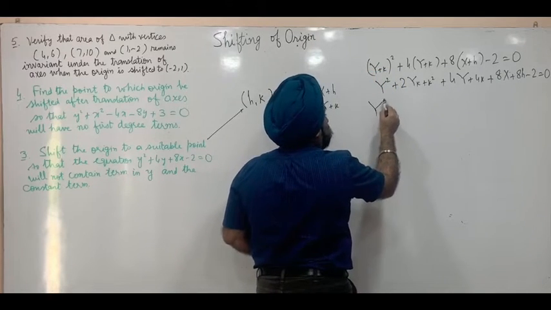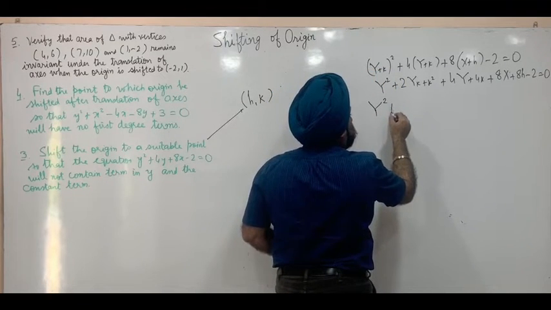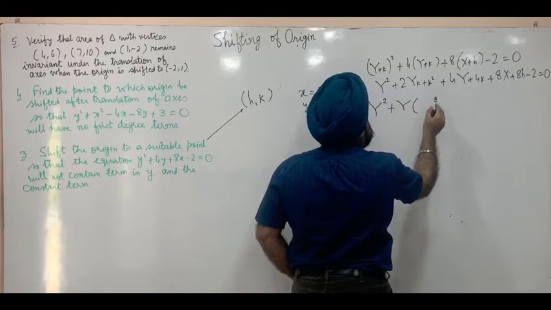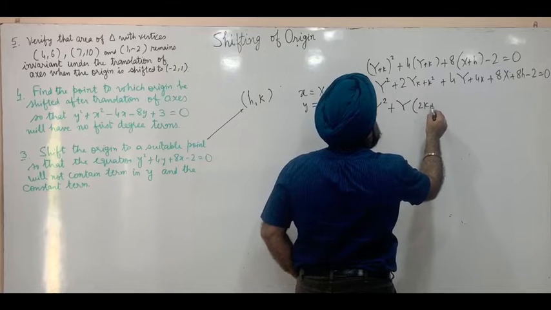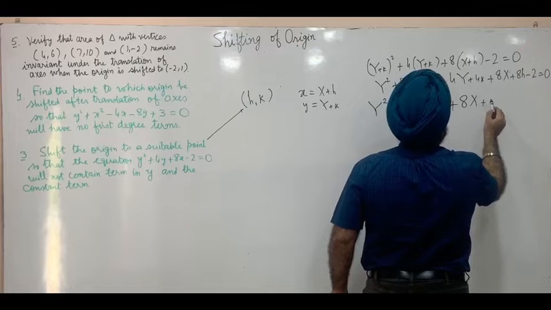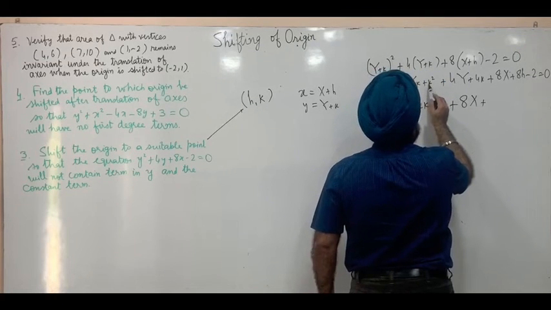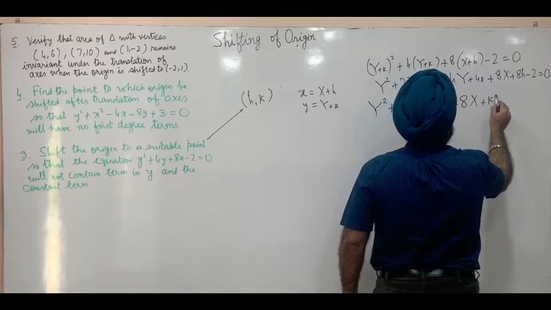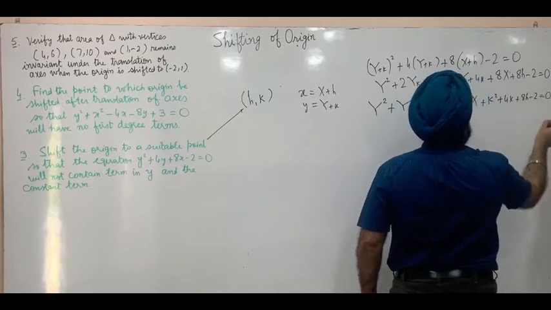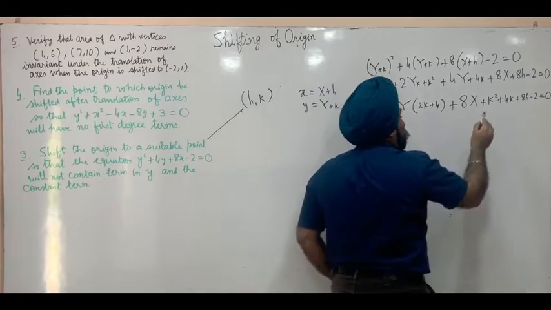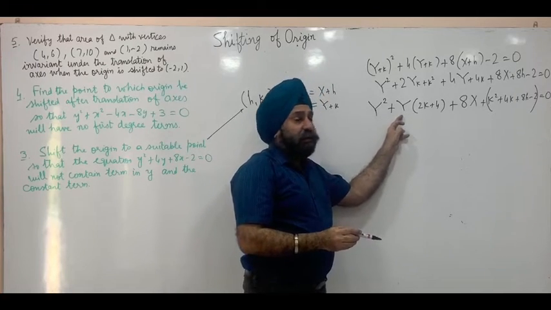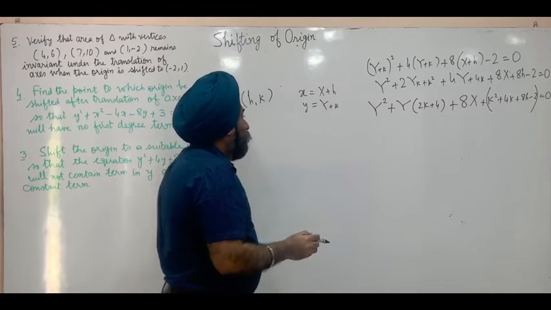This is Y square, then plus Y times (2k plus 4), then plus 8X, and then we have the constant term k square plus 4k plus 8h minus 2 equal to 0. So this is the constant term, this is the term containing X, this is the term containing Y, this is Y square.